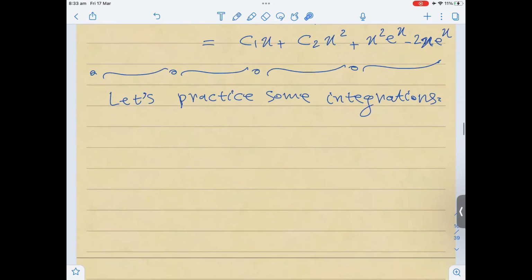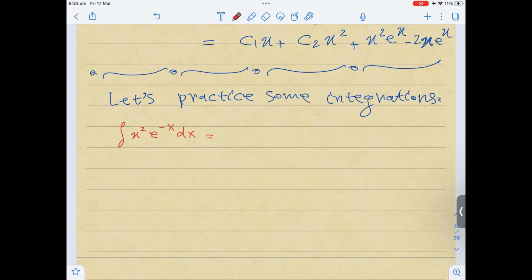Now, let's practice some integration. Let's assume that you got x squared times e to the minus x.